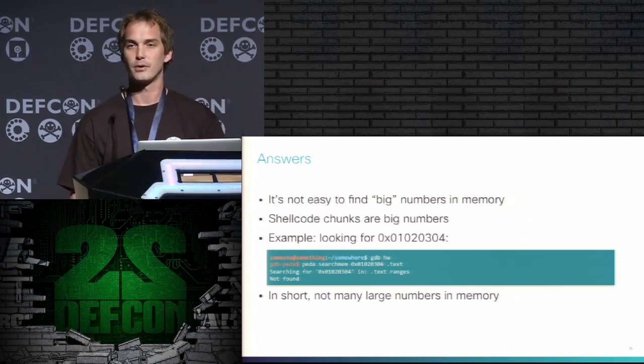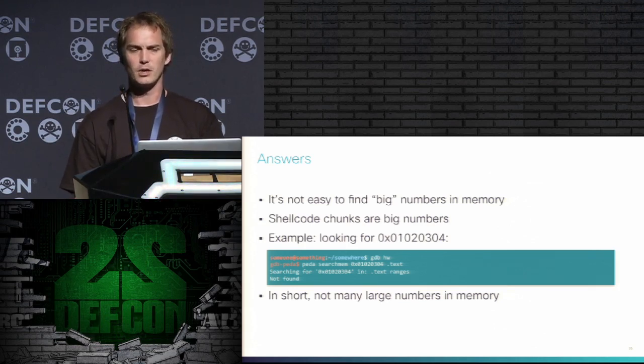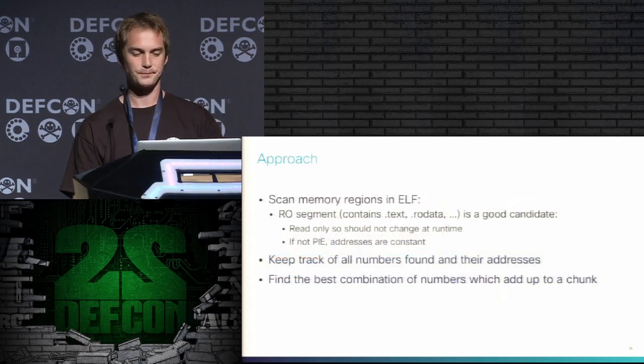I had to look at a bunch of programs, and I saw that they're basically not really there. Here I put a small example of looking for 0, 1, 0, 2, 0, 3, 0, 4 in GDB, and it just doesn't yield anything. If you look at multiple programs and search for those numbers, they're not really there. So I had to find a different approach.